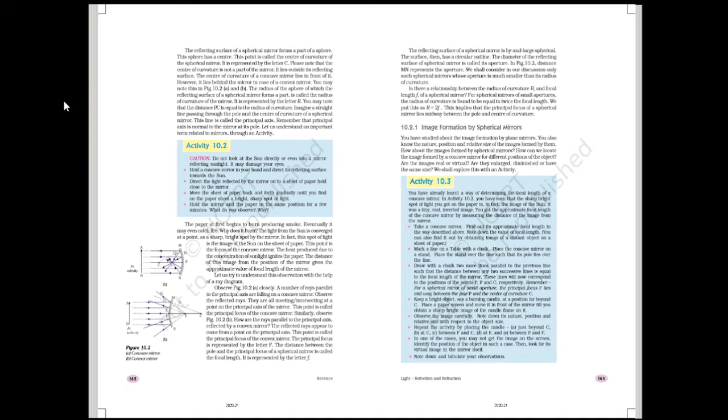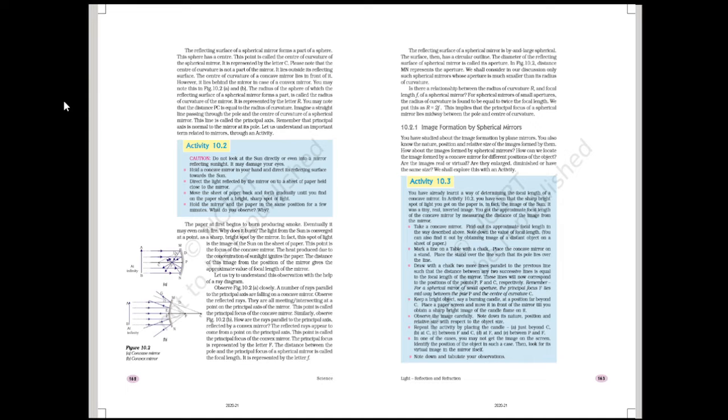This point is called the principal focus of a convex mirror. So the reflected ray comes and meets at the principal axis. That point is defined as the principal focus of the mirror.